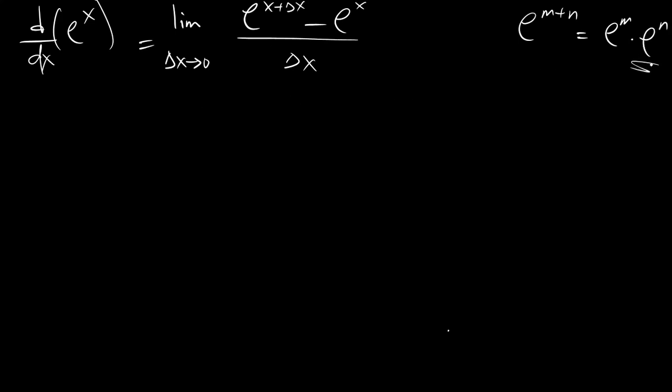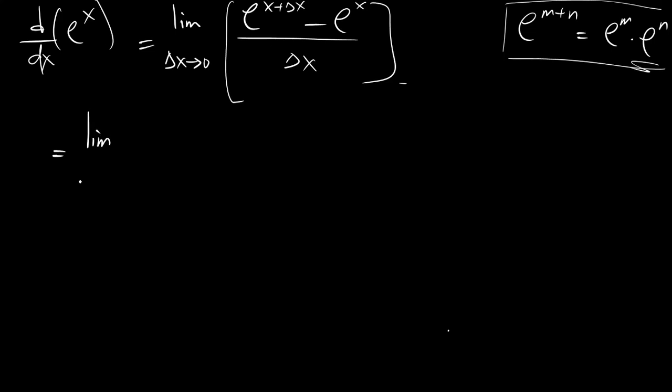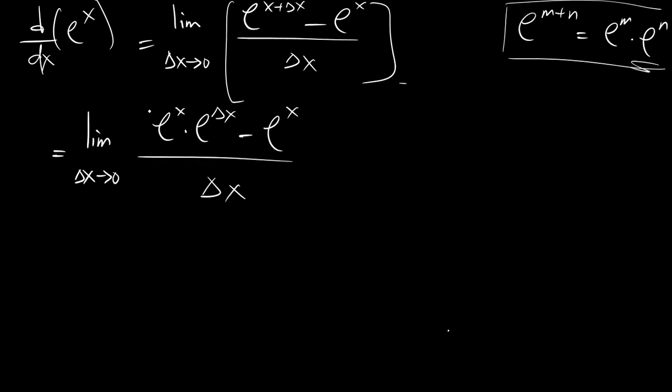So applying that rule here, we now have the limit when delta x tends to 0 of e to power x times e to power delta x minus e to power x, all over delta x.